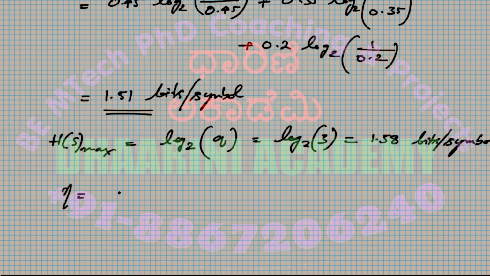Right. Now we calculate the efficiency. So what is the equation? Efficiency is equal to H(S) by H(S) max, 1.51 by 1.58 into 100.